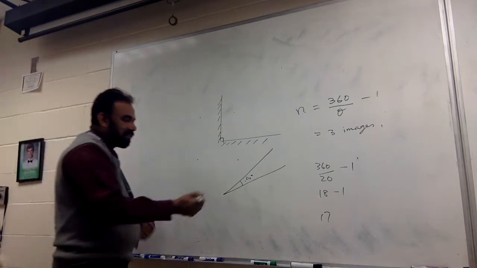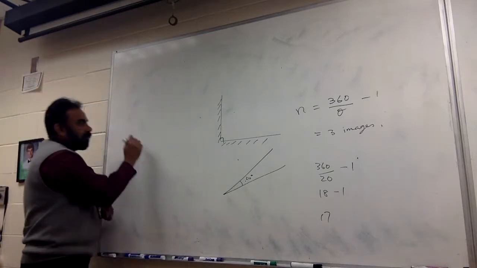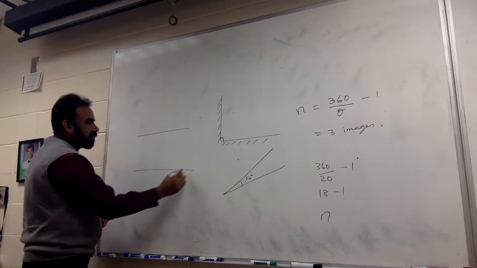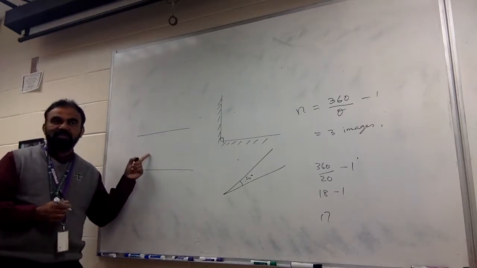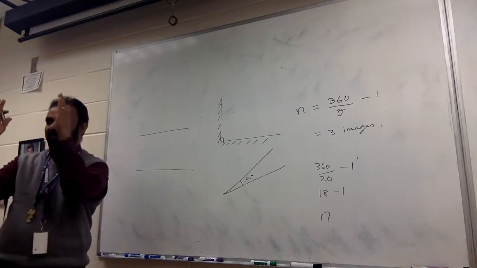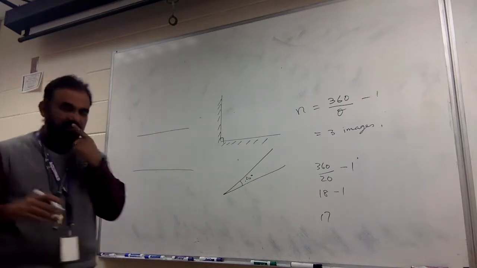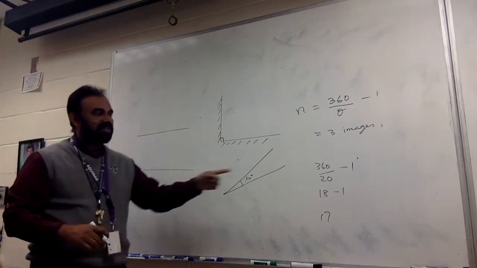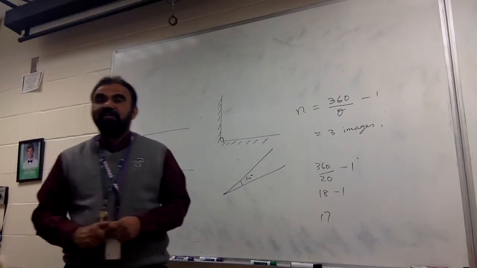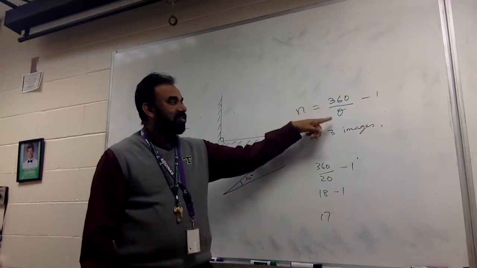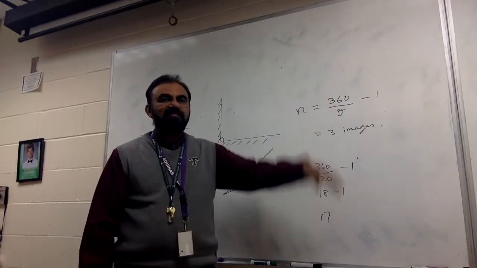What if I have 2 plane mirrors kept at an angle of 0 degrees? Isn't this 0 degrees? Parallel is 0 degrees. So if the angle is 0 degrees, how many images will you see? Infinite. 360 divided by 0 is infinite, minus 1 is infinite.